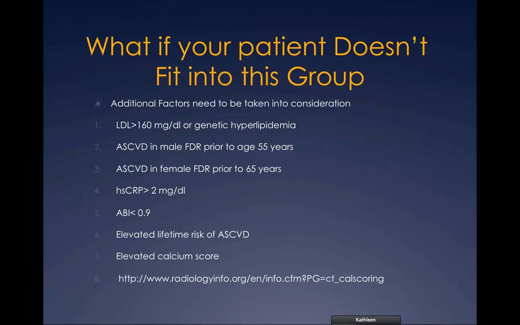However, you're concerned. LDL greater than 160, so additional factors need to be taken into consideration. It's LDL greater than 160 or genetic hyperlipidemia, atherosclerotic cardiovascular disease in a male prior to the age of 55, or in a female prior to the age of 65, C-reactive protein greater than 2, an ABI less than 0.9, and an elevated lifetime risk or an elevated calcium score.